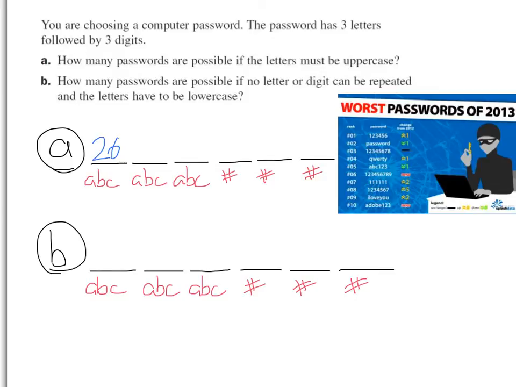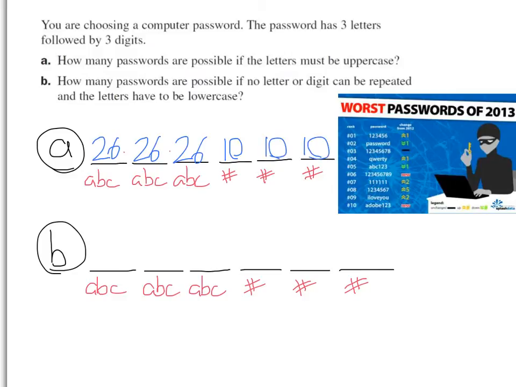Because there's no restrictions here, in other words, I could have capital A, capital A, capital A, I also have another 26 to choose from for my second letter and another 26 to choose from for my third letter. But now, the last 3 characters can be digits. And as we saw before, I've got 10 digits to choose from, another 10 digits, and then a third set of 10 digits.